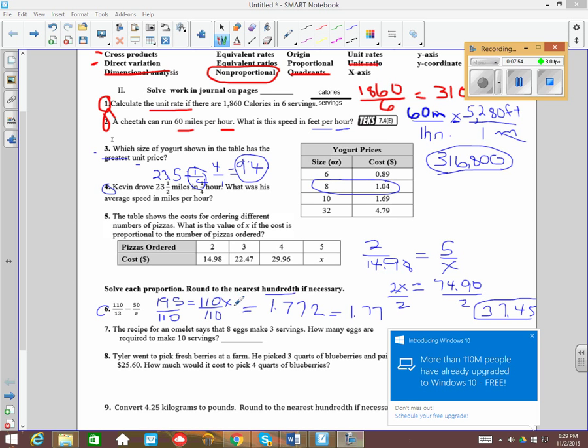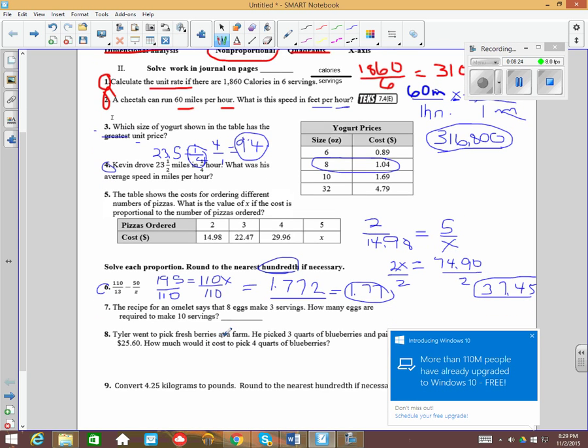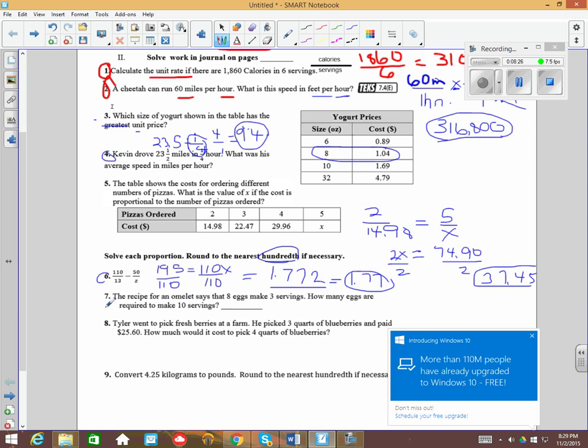Now I want to get rid of the 110 by dividing both sides of the equal sign by 110. When I divided 195 by 110, I end up with 1.772. Then I round it off to the nearest hundredth as directed, and the answer is 1.77.